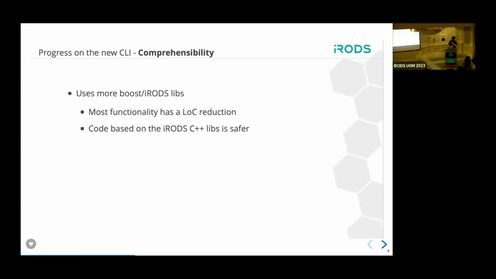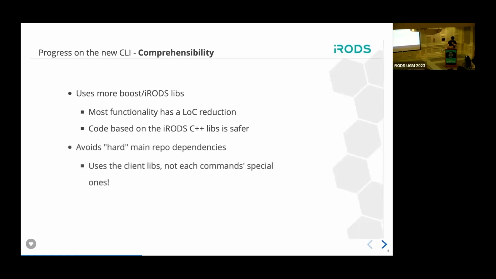You just run it and catch exceptions, which is cool. And of course, no hard main repo dependencies. Say ils has ls-util, which is the bulk of its functionality. If you wanted to make a huge change to it, you'd either write it from scratch or change the main repo, neither of which is preferable. So it just acts like any other client. You don't get to be special.